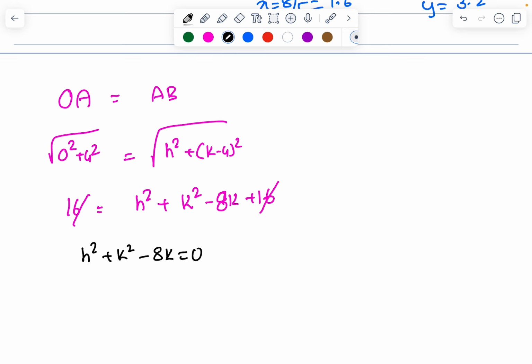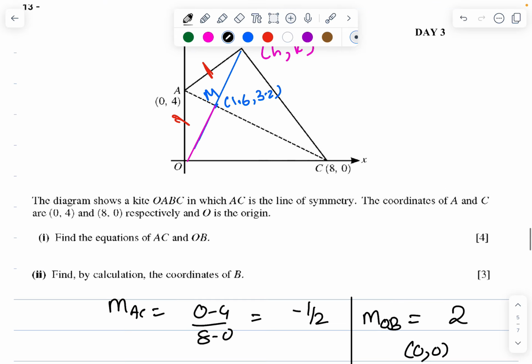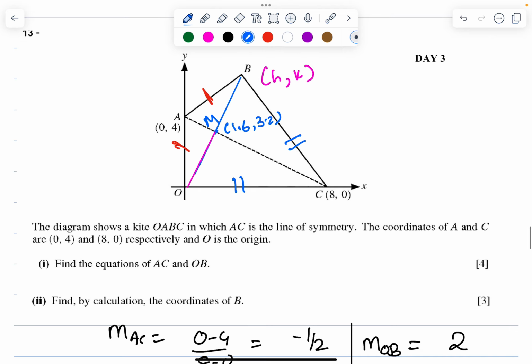Next, OC should be equal to BC. In that way, we need not find the midpoint. That will be the easiest way.